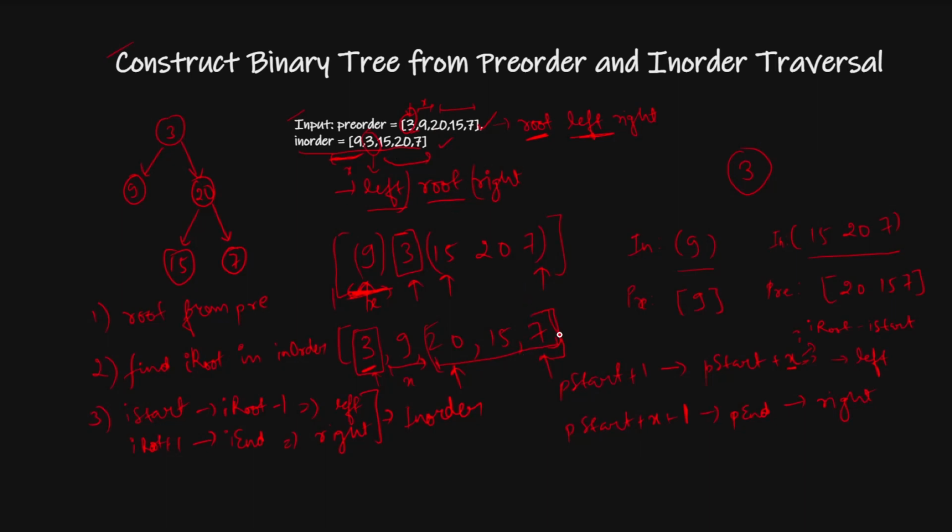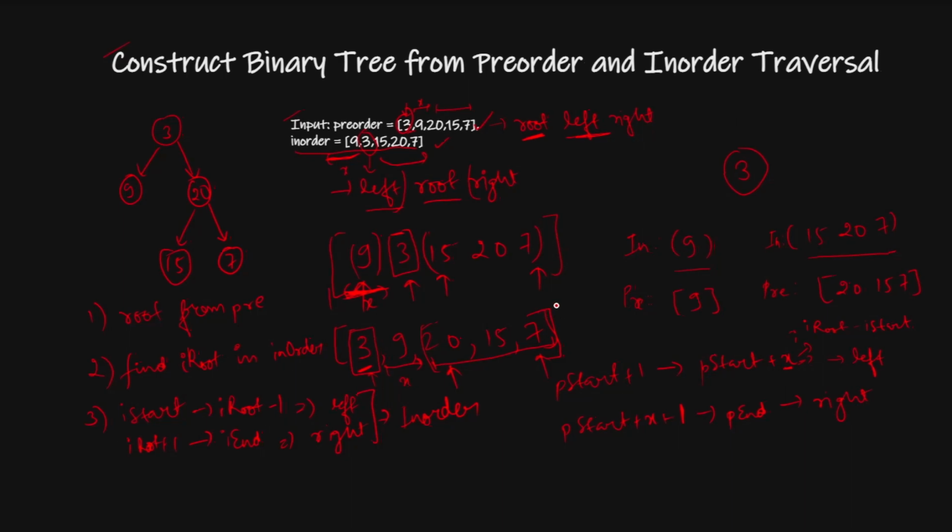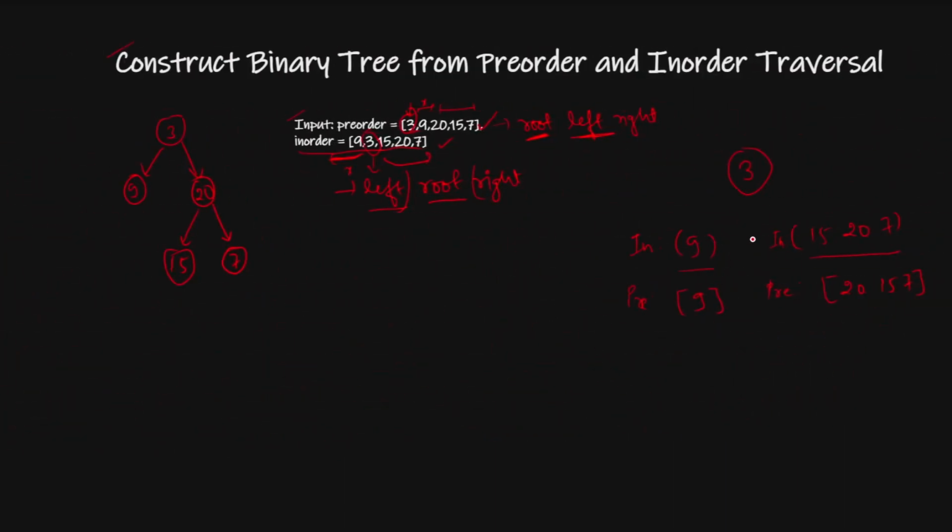So now let's understand how we will solve it further. Now we will reiterate what our problem is. If you see, this is my smaller problem. First of all, from preorder, this will be my root, and for this root I will find this root in my inorder.